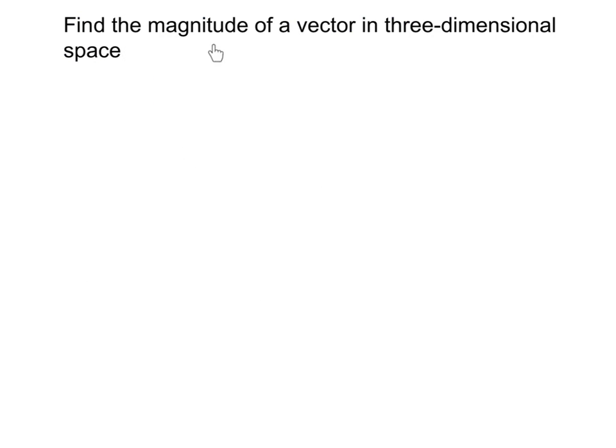Now let's find the magnitude of a vector in 3-dimensional space. So we'll start with our vector v, and we'll write it in component form. We have vector v's x component, vector v's y component, and vector v's z component.